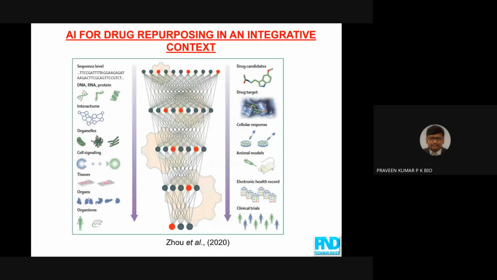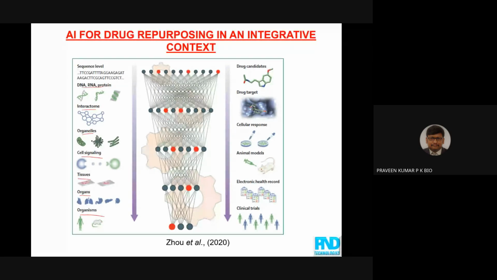And for drug repurposing, I've told multiple examples. Starting with DNA, RNA, protein to interactome, organelles, cell signaling, tissues, organs, organisms, from sequence level to everything, we can integrate with multiple hidden layers.